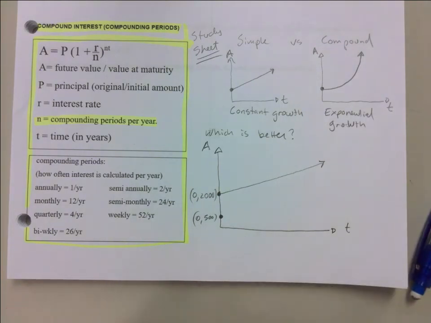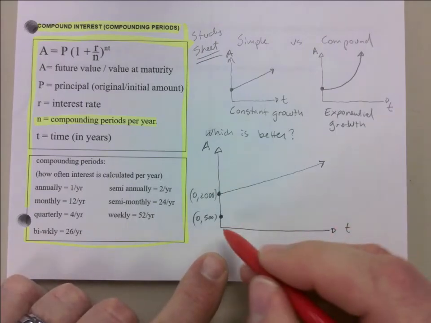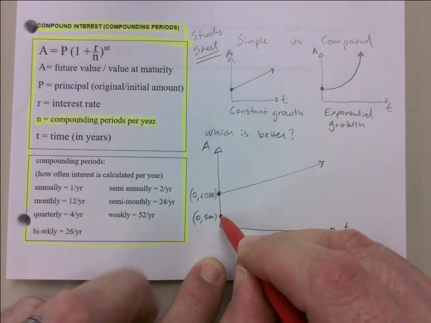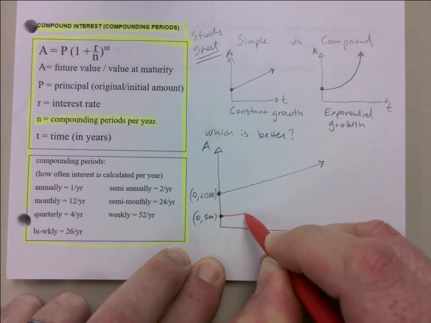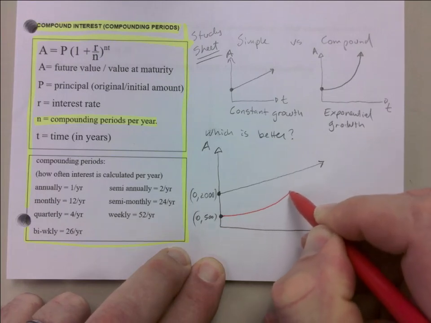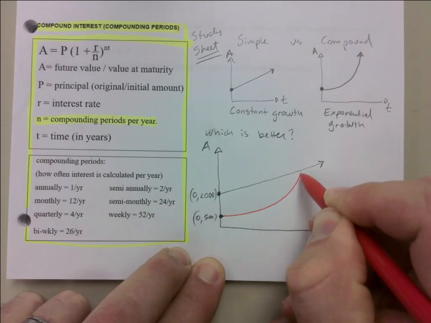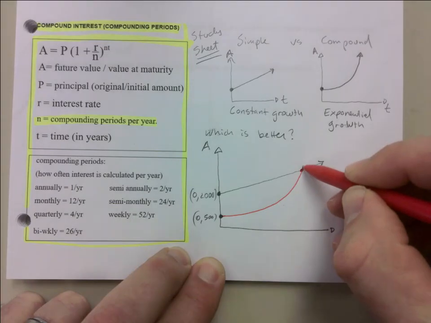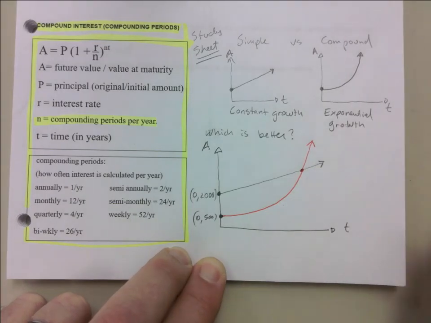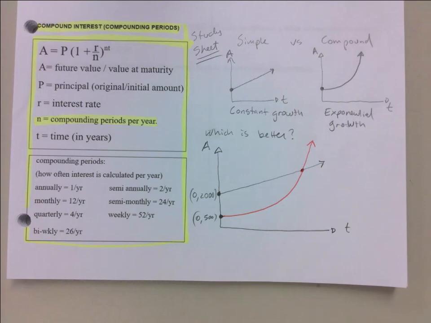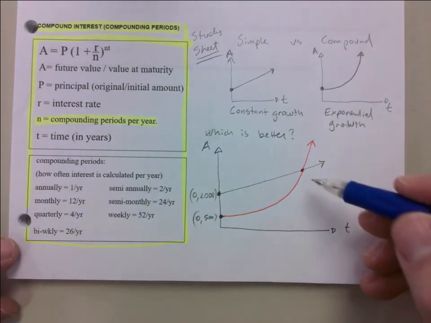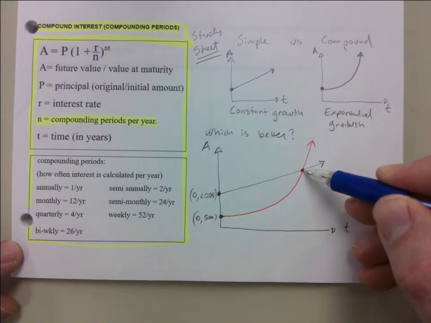I'm going to use a red pen for this one. This is compounded, so we know that this is going to happen. There's a point where you have to make a choice which one is better for you. So let's make a dashed line.